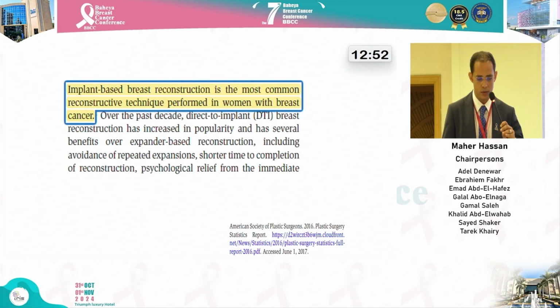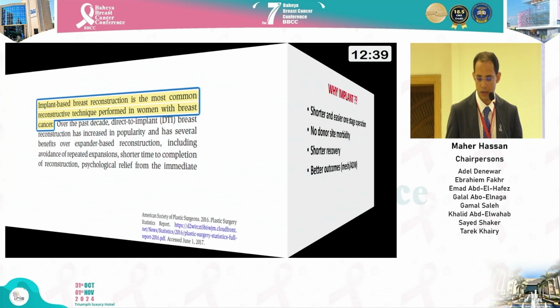And many papers supported this concept that implant-based reconstruction is the most commonly performed reconstructive technique in women with breast cancer, as in this paper published by the American Society of Plastic Surgeons in 2016.